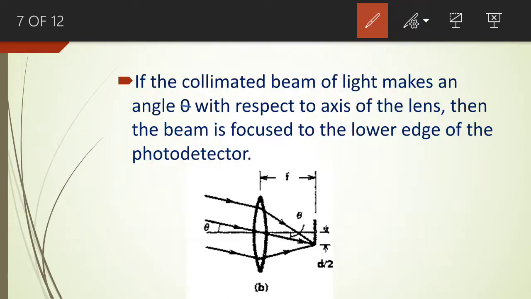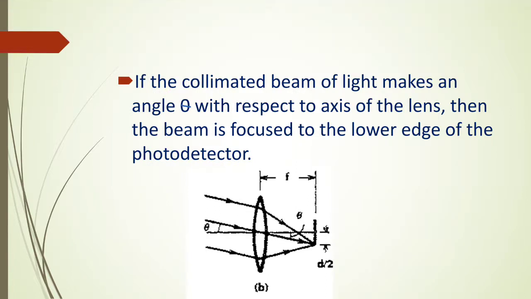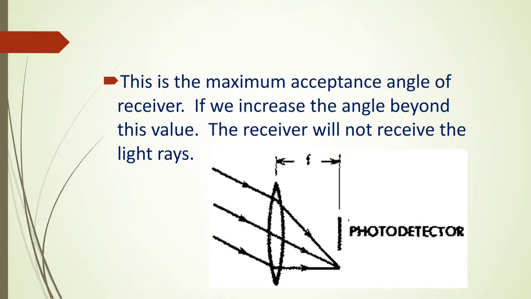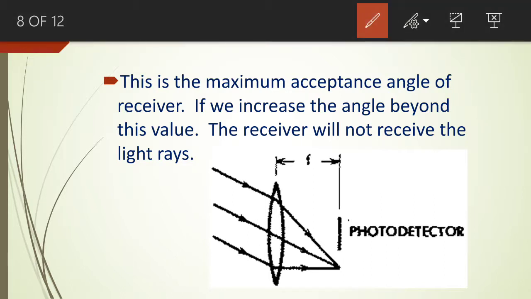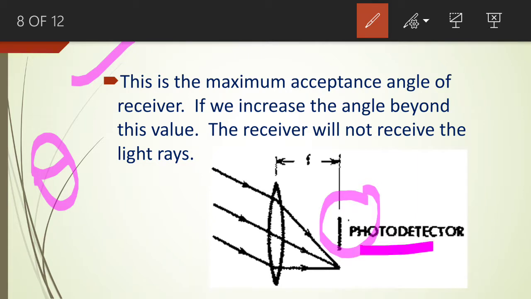Well, we consider another case. If we increase this angle beyond the numerical value of theta, then the receiver will not receive any light at all. So this is the maximum acceptance angle of the receiver.